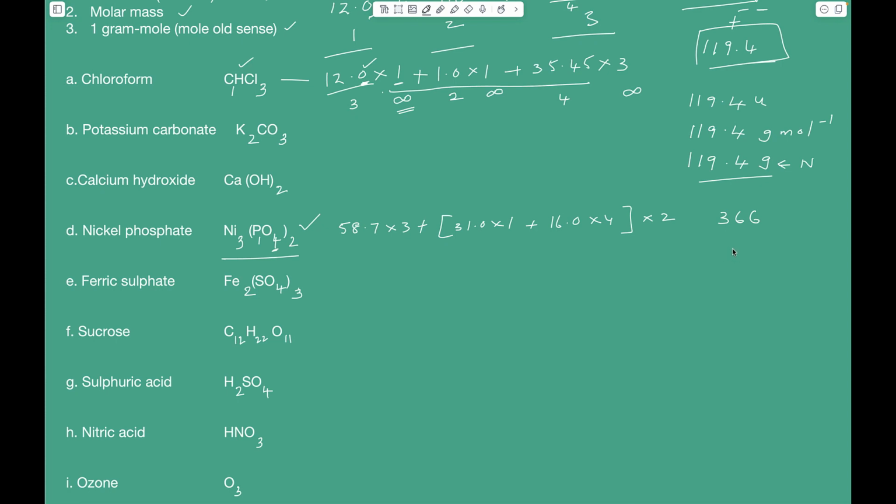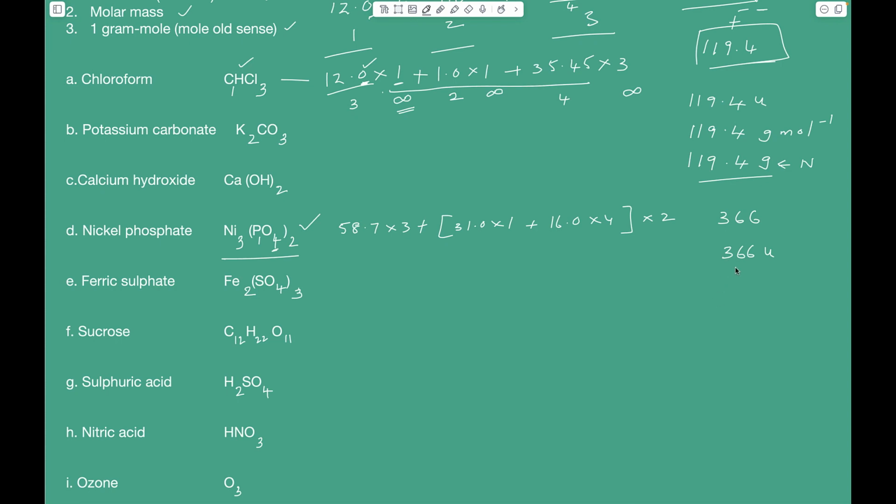That is the mass of 1 formula unit of nickel phosphate. Simple, it is 366 U. And you know how to convert it into grams if needed. Then what is the molar mass of nickel phosphate, that is mass per 1 mole of nickel phosphate, and 1 mole of nickel phosphate contains an Avogadro's number of formula units.